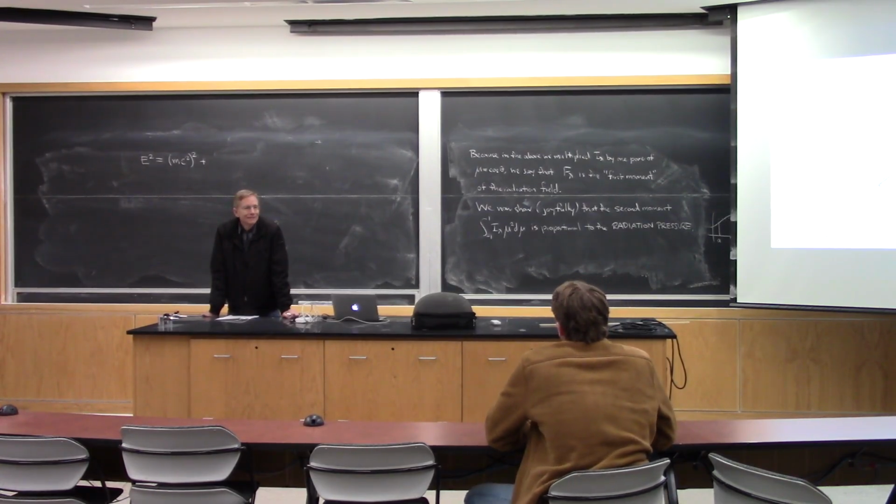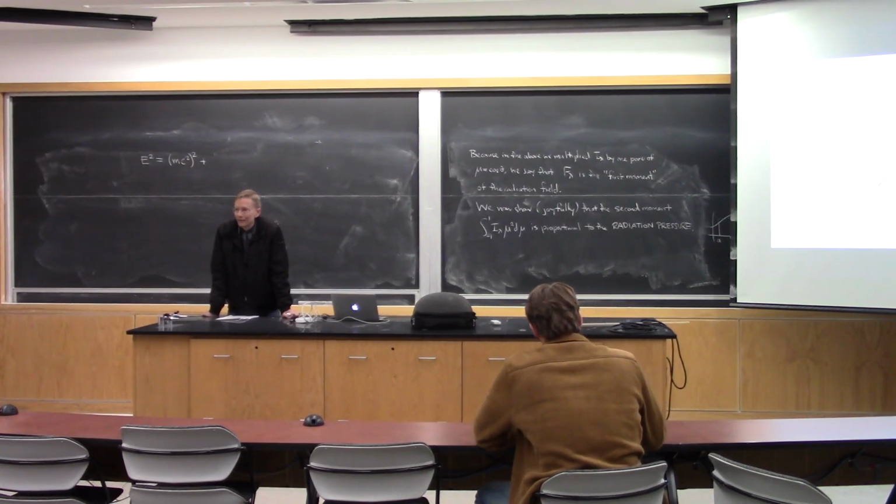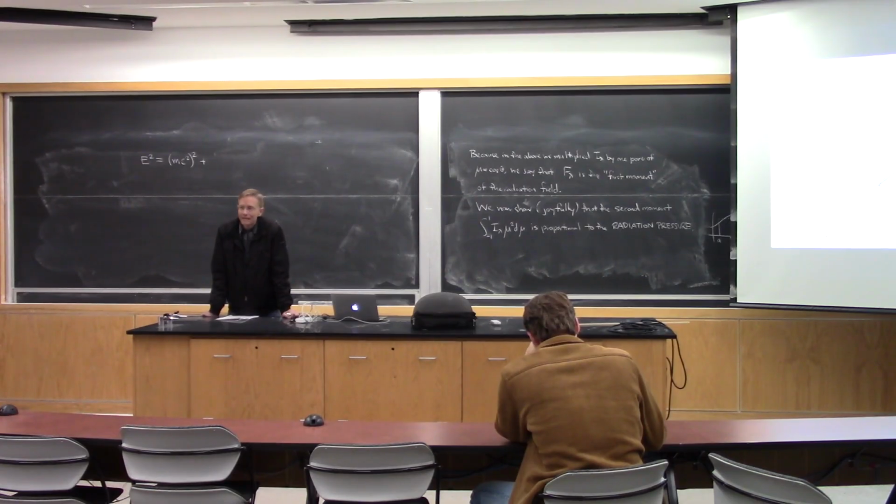Oh, come on. 1/2 mv squared, right? What are the units of that? Why, that's the same units as mv times v, right? Because mv squared is mv times v. So momentum times velocity has energy units. It's not energy, but it has energy units.